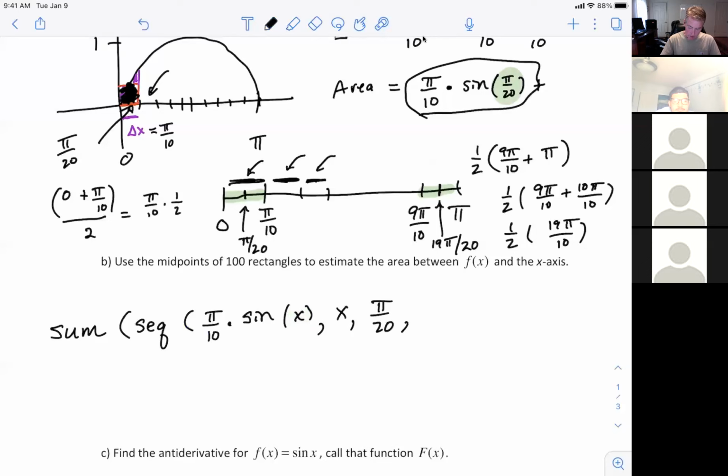Then tell it where to stop. That's 19 pi over 20, this last interval right here. And the last thing is you just have to tell it how much to go over by each time as it goes from rectangle to rectangle. Well, that right there is delta x. And the delta x is pi over 10.